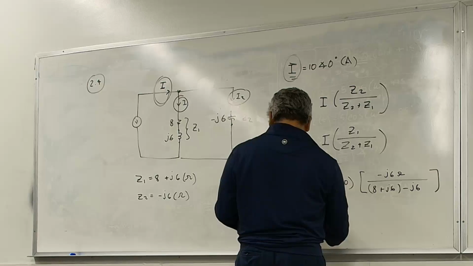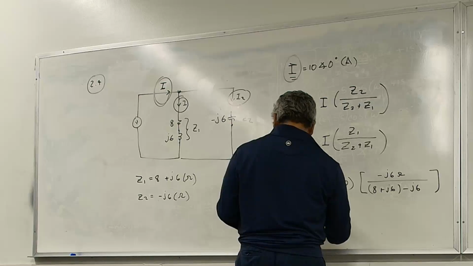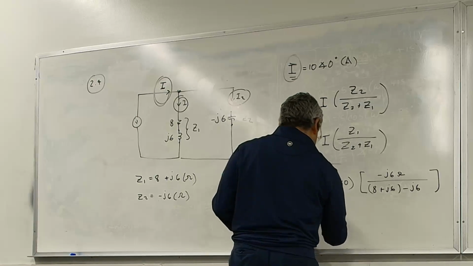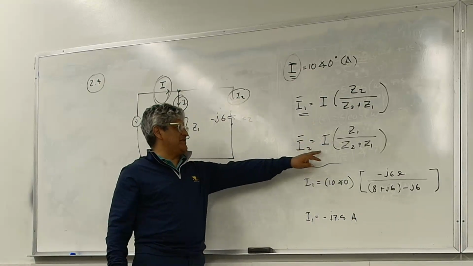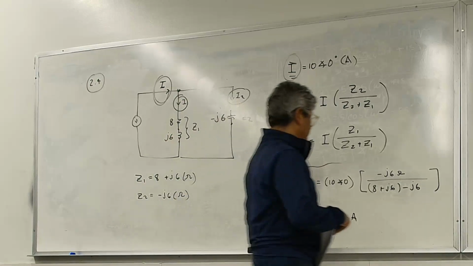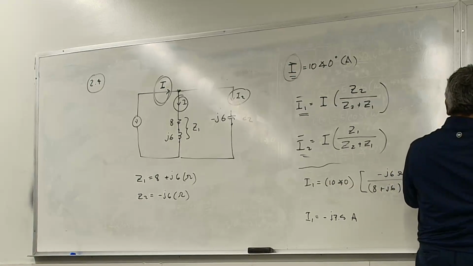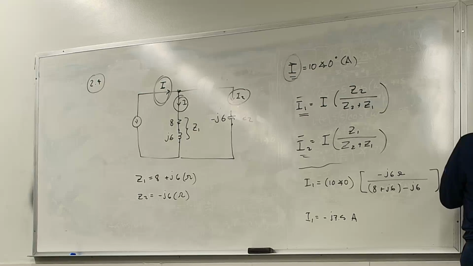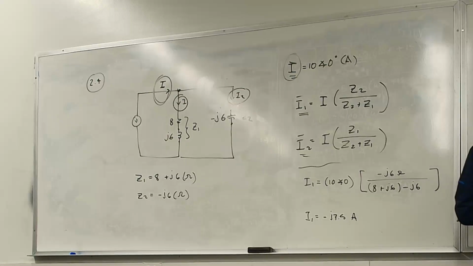If I go through this, this is what I get: minus J7.5 amps. As a matter of fact, I don't even have to do this minus, my apologies, because the angle is already going to give me that, right? So I1 is equal to 7.5 angle minus 90 degrees. Okay. So that's this current.